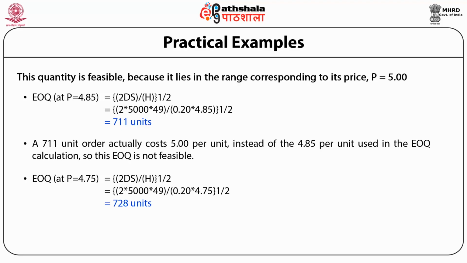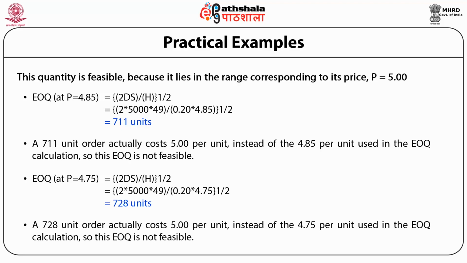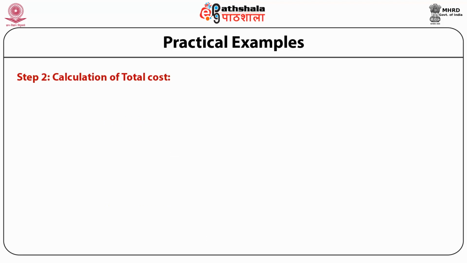EOQ at P equal to 4.75 equals root of 2DS upon H, which equals root of 2 into 5000 into 49 divided by 0.20 into 4.75, and its root equals 728 units. A 728 unit order actually costs 5 per unit instead of 4.75 per unit used in the EOQ calculation, so this EOQ is not feasible. Step 2.